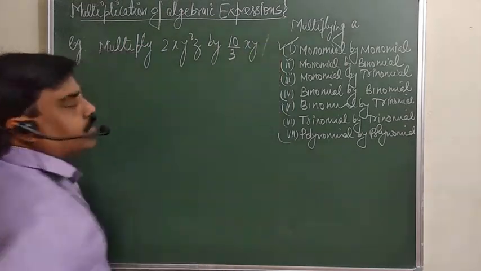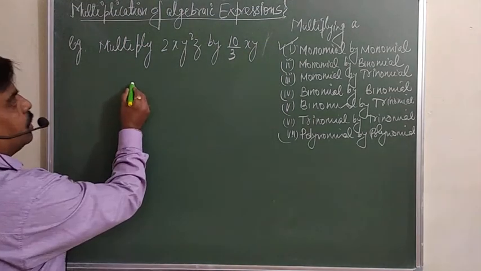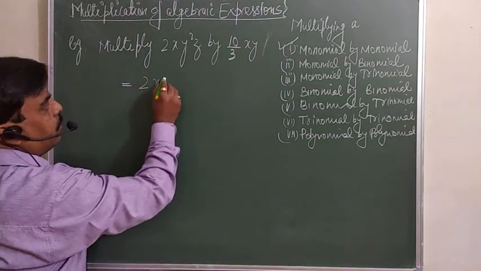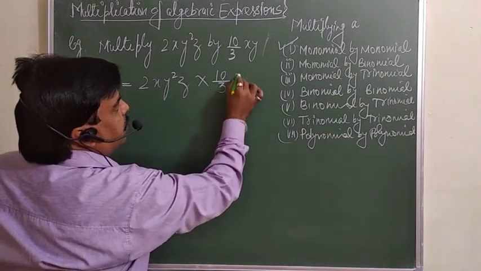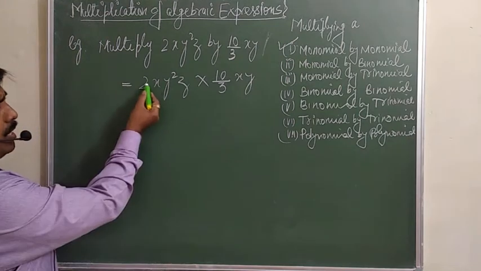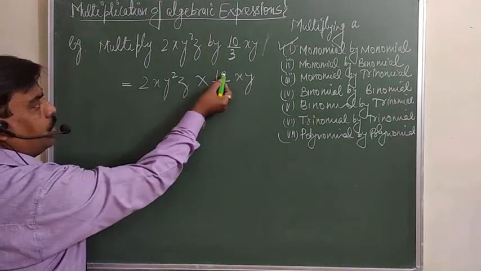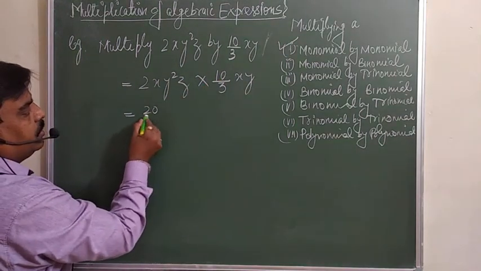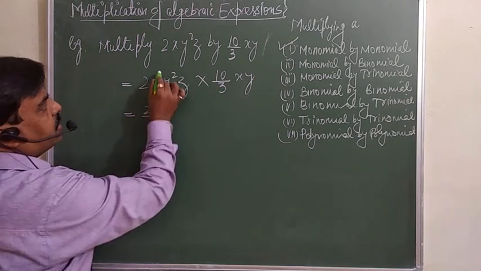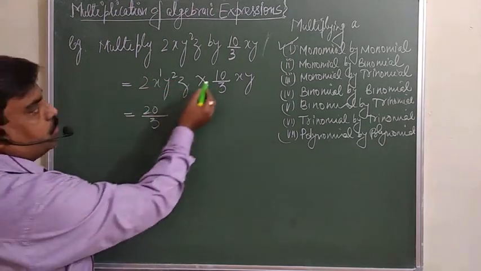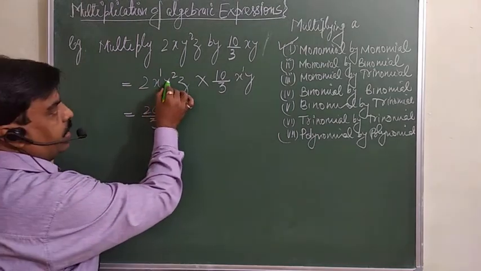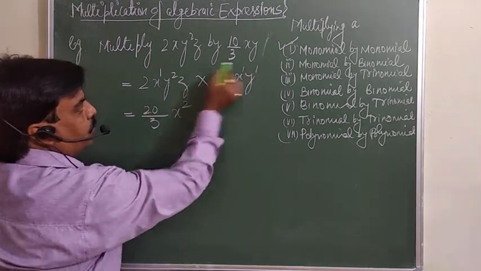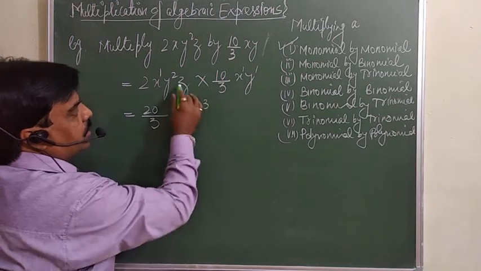So what we have to do is multiply the numbers with the numbers only: 2 into 10 is 20 over 3. Here the exponent of x is 1 and here is 1, so it will become x raised to power 2. Here the power of y is 2 and here 1, so 2 plus 1 is 3, y cube, into z.